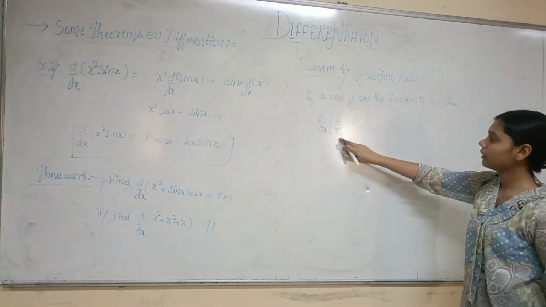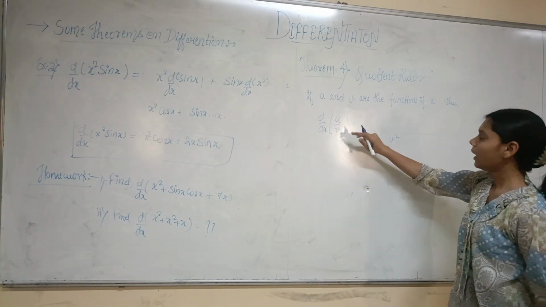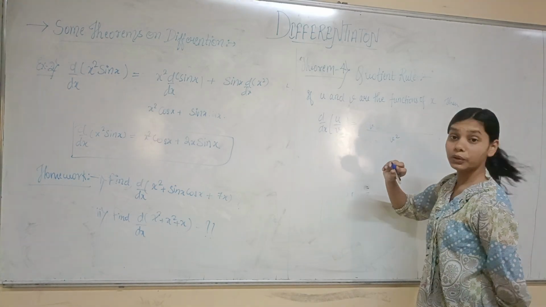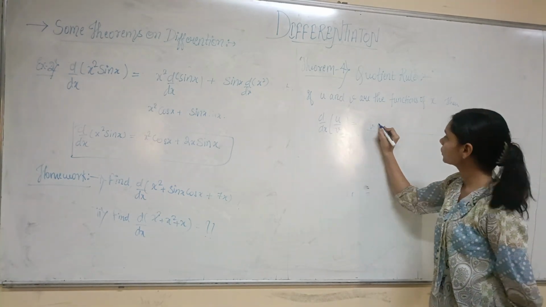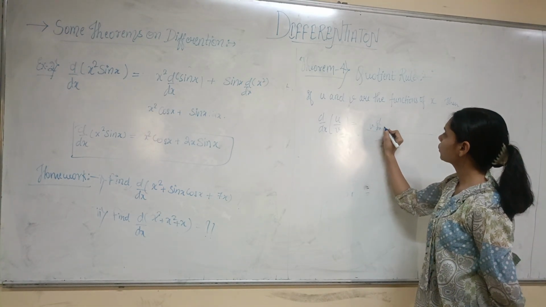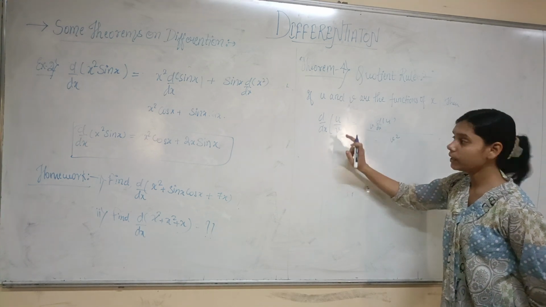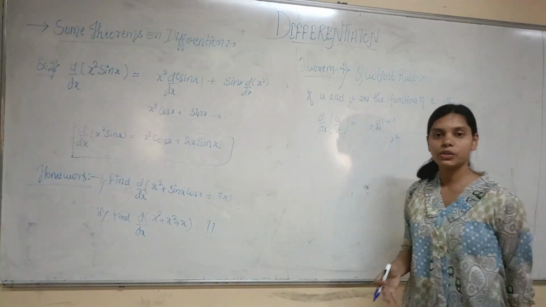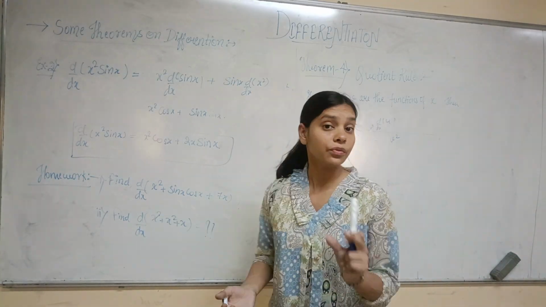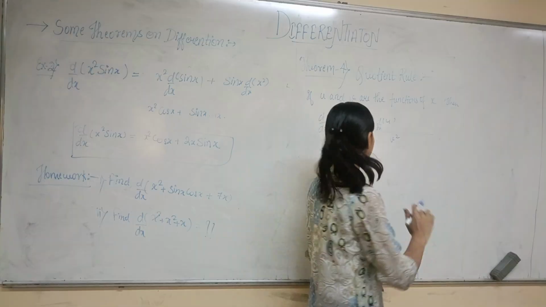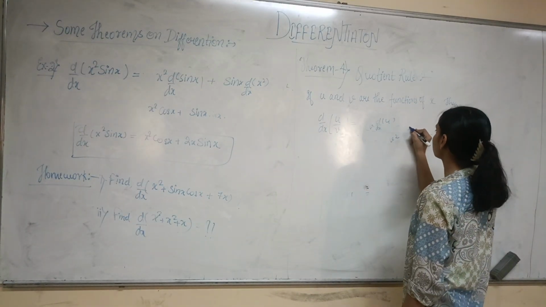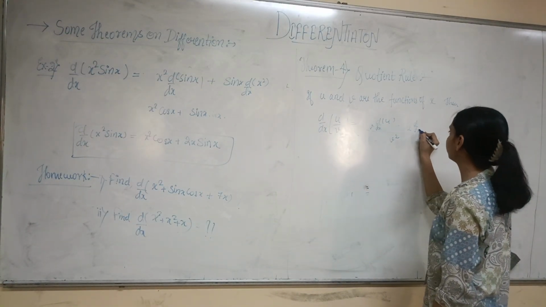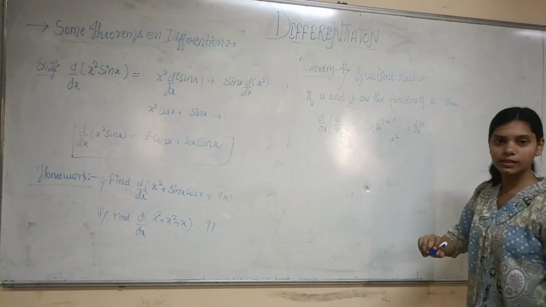The denominator term is v square, and second function into differentiation of first function means v into d by dx of u. This is the first function and this is the second function, right? So second function into differentiation of first function minus first function into differentiation of second function. Isn't it?